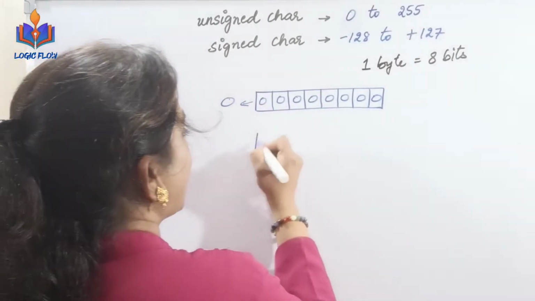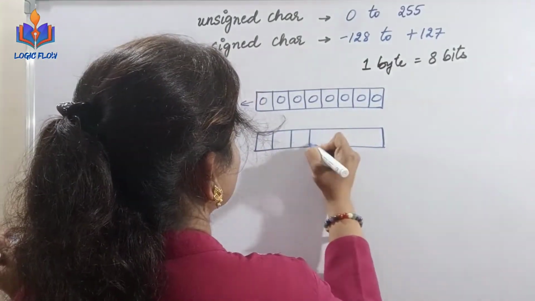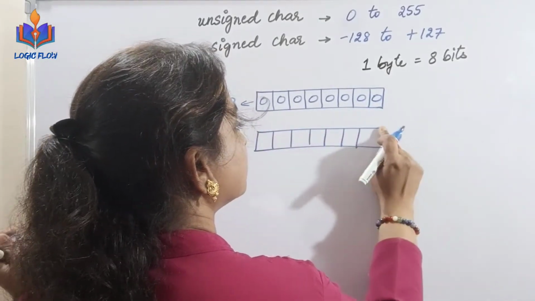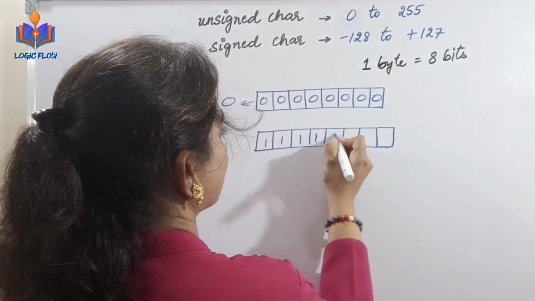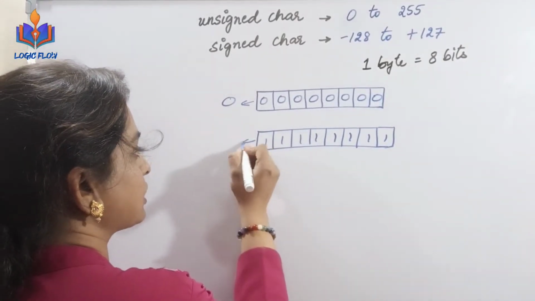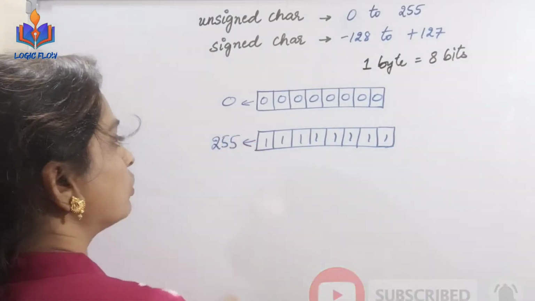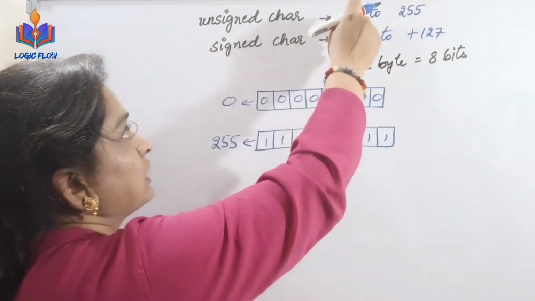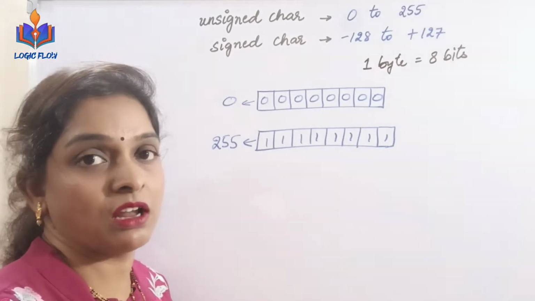And the highest number is all 1s. Okay, so let me fill 1 here. When I convert this binary sequence to a decimal number, we get the value 255. This is the range 0 to 255 for unsigned character, which has only positive numbers.